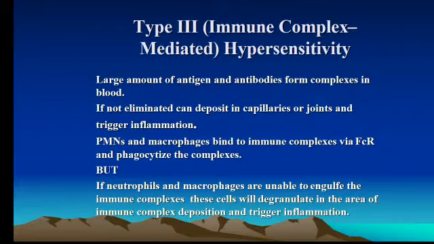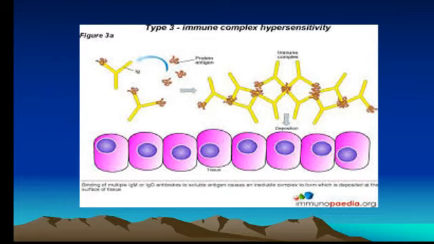PMNs and macrophages bind to immune complexes. I think this is the type 3 immune complex. Going on, there is a picture of the type 3 immune complex hypersensitivity reaction, Figure 3, when we have the antigen and antibody forming complexes and being engulfed by the neutrophils and macrophages.